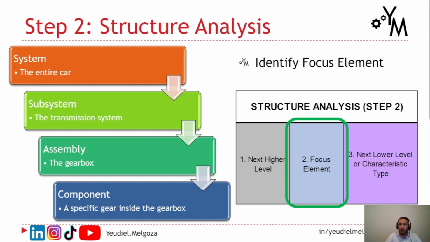Why is the next higher level important in the DFMEA? It's important to identify failures not only at the local part but also at the system level. As I mentioned, everything is part of a major system, so it's highly important to review all the potential effects and all the potential failures our part may have.